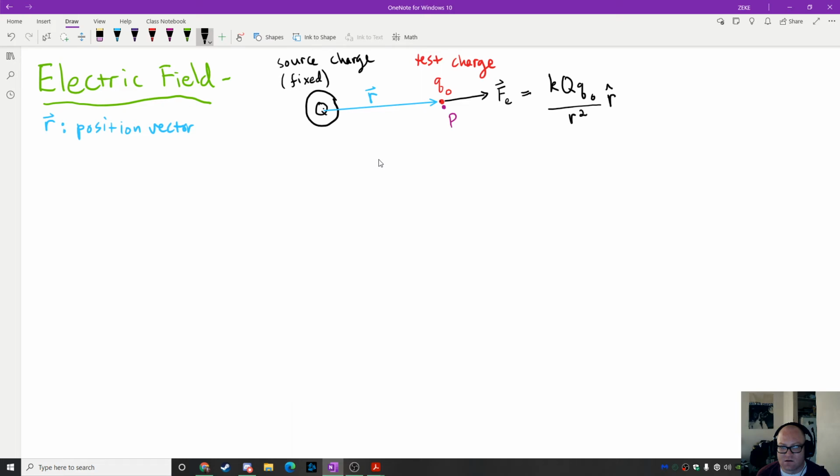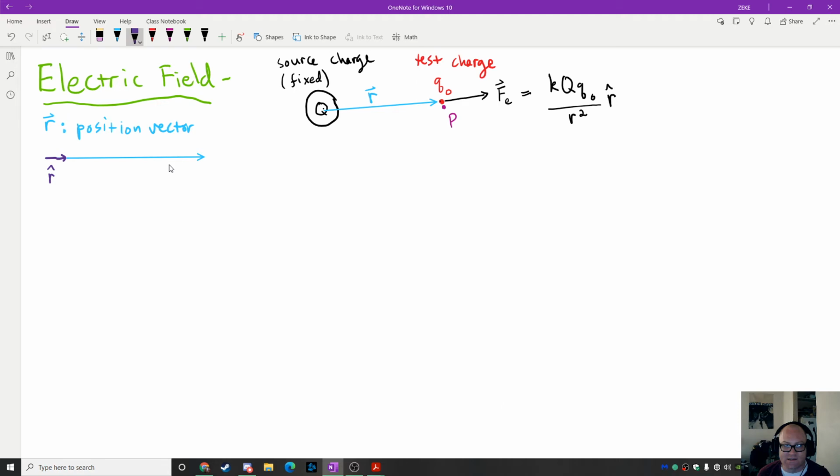We call that r hat. So if r is the position vector, r hat is the unit vector that points in that direction. We can always find it by taking the vector r and dividing by its magnitude. If I take a vector and divide by its magnitude, the length of the new vector is guaranteed to be 1, so r hat is that vector.